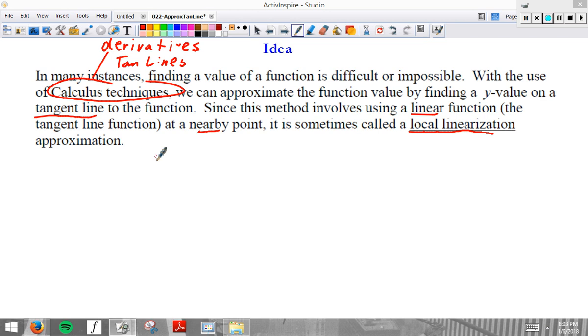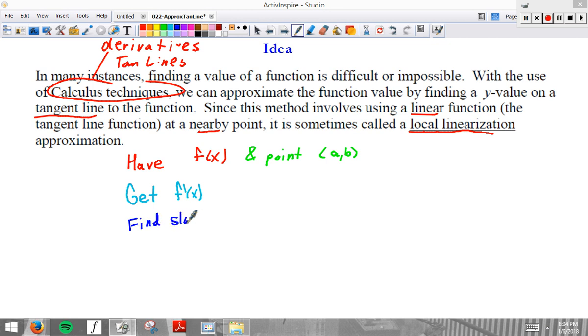The idea is that we have a function f of x, and a point, let's say, a comma b. We get f prime of x, find the slope of the tangent line, which is f prime of a will be the slope.